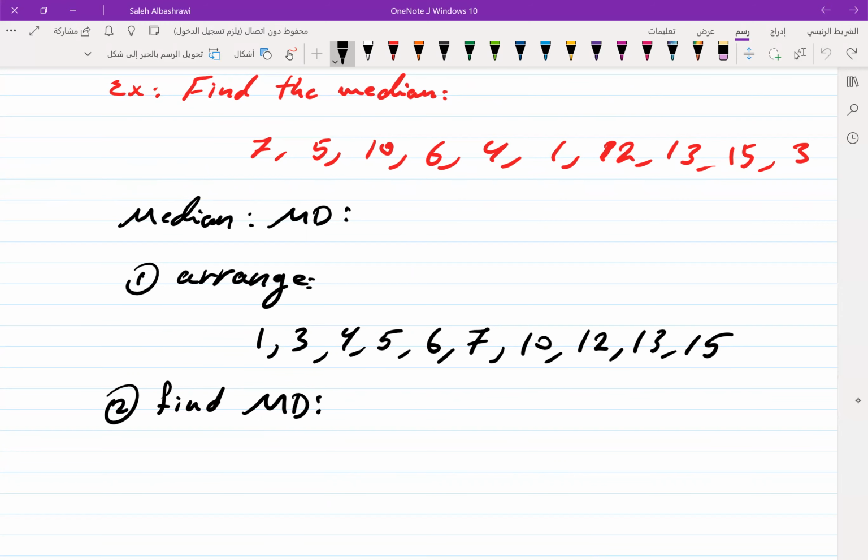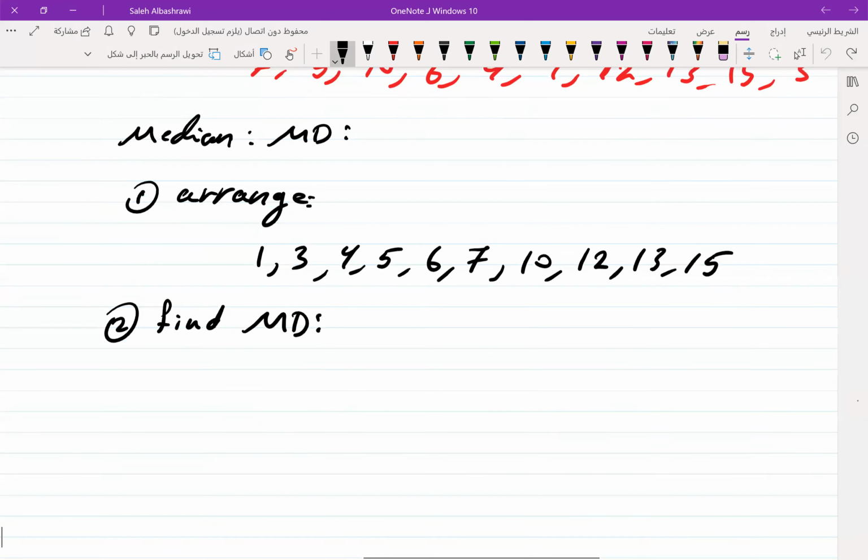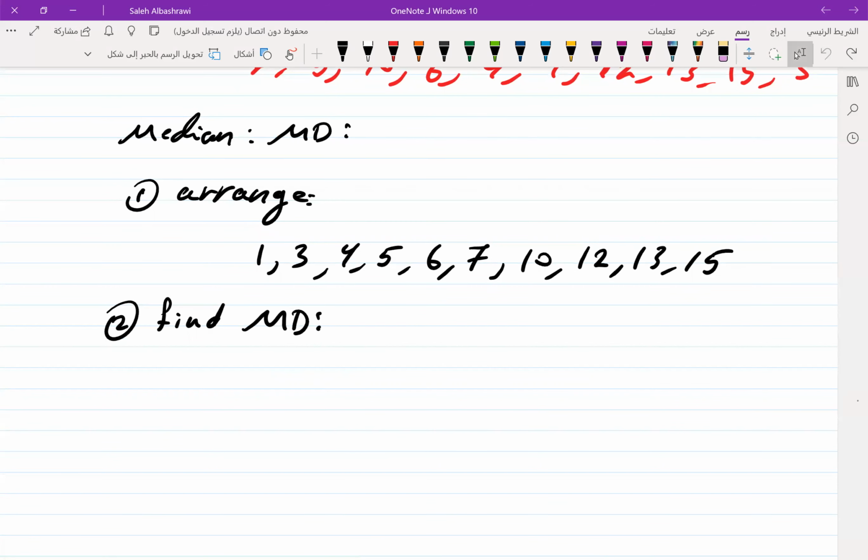To find the median, it is the position of n plus 1 divided by 2 if n is odd. To find the median, we have two cases. In general, it is n plus 1 divided by 2 if n is odd.